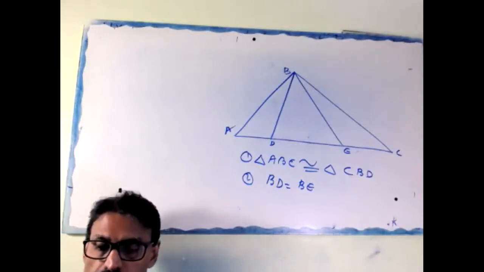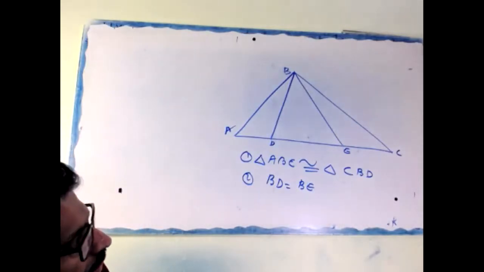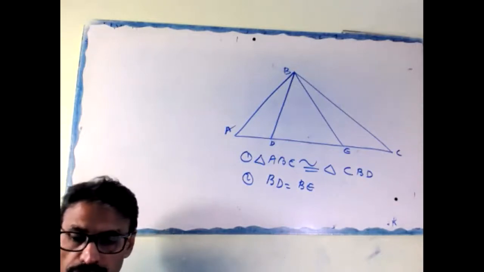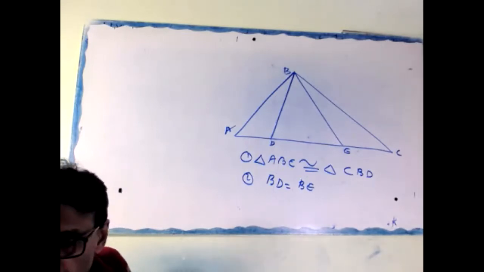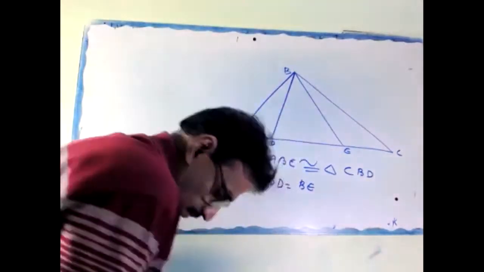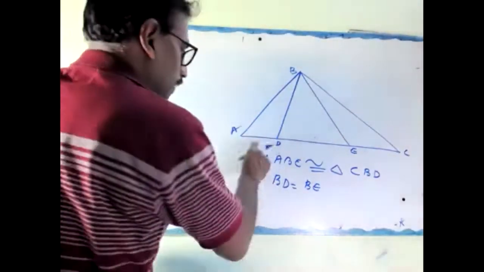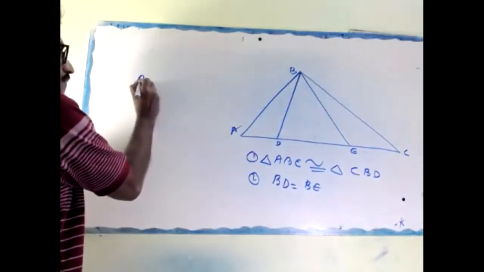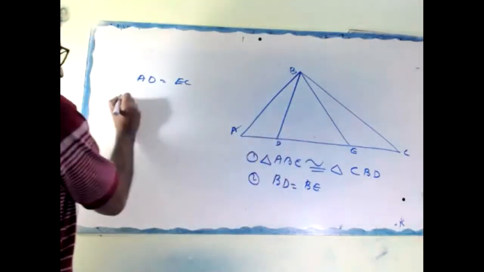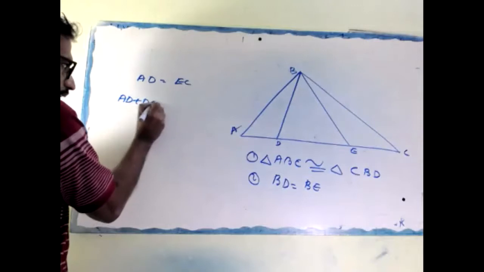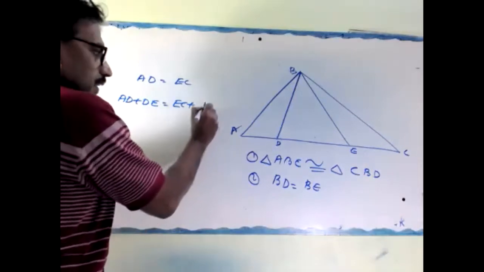Finish. Look here, I'll explain this question. AD equal to EC. Adding DE on both sides, what will we get? AD plus DE equal to EC plus DE.